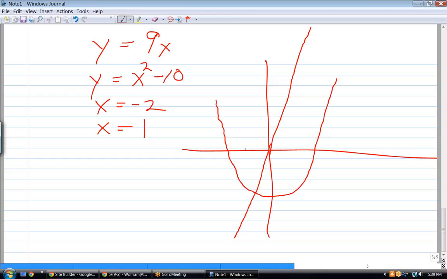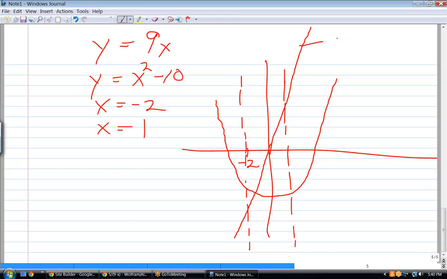We're going from minus 2. Well, actually, these are vertical lines, right? Okay.